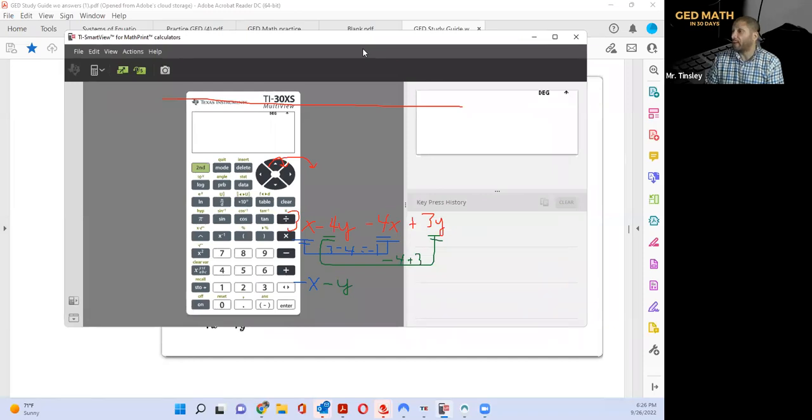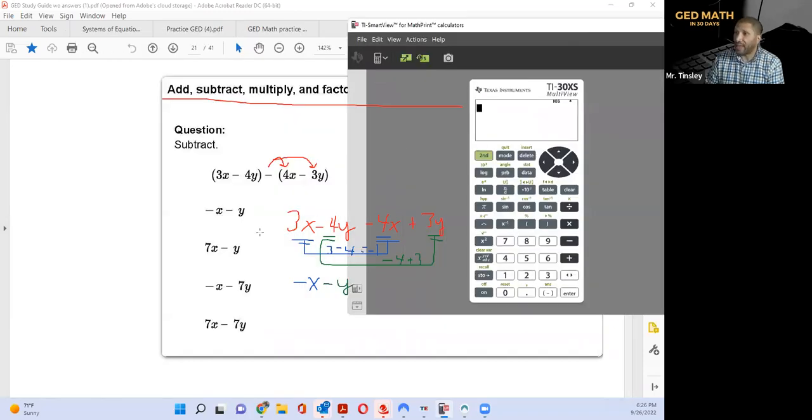This is why they have 7x here and these 7y's, because they think you're going to make a mistake. So just do 3 minus 4. Minus 4 plus 3. Don't leave it to chance.